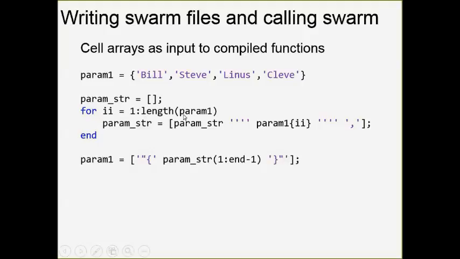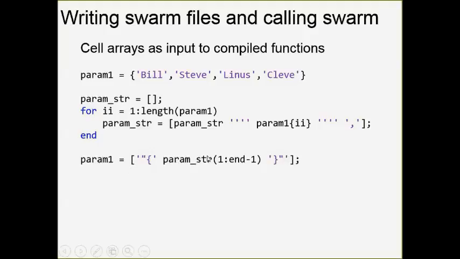So for i equals 1 to the length of param1 up here, param string equals whatever's already in param string, plus a single quote, which is MATLAB's escape sequence for a single quote, param1 i, another single quote, and then a comma. Okay? So I'm going to end up having something in param string that's essentially all these with single quotes and commas interspersed between them, and then one comma at the end.